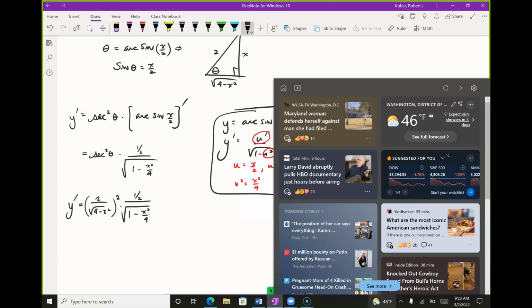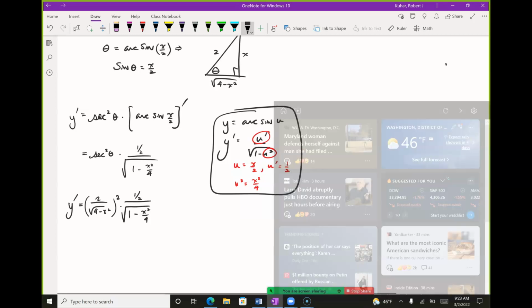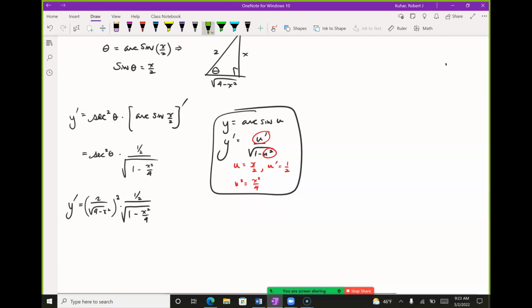So I've got to get a common denominator in there. I'm going to do times 4 over 4 in here. So it looks like I have 4 over 4 minus x squared. When I square the square root, it goes away. Times 1/2 times the square root of 4 over 4 minus x squared over 4.